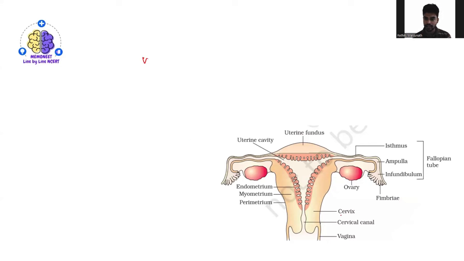You will see this ovary, right? So you have two ovaries here, a pair of ovaries. Then you will see the oviduct.